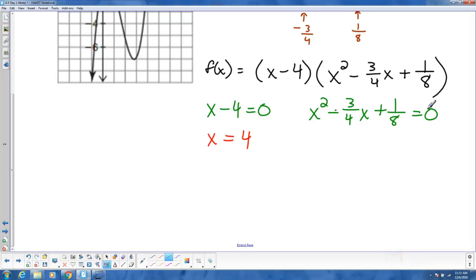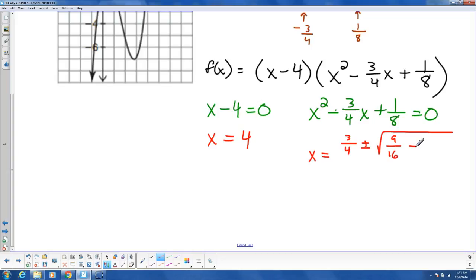X equals, opposite of negative 3/4 is positive 3/4, plus or minus the square root of negative 3/4 squared, which is 9/16, minus 4 times 1 times 1/8. 4 times 1 is 1, times 1/8 is 1/2.